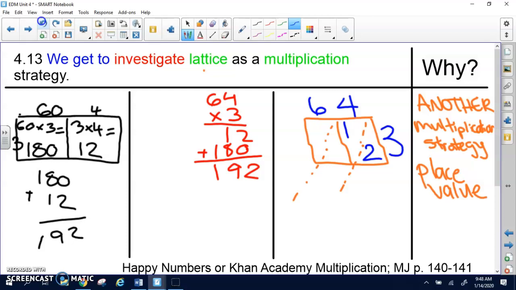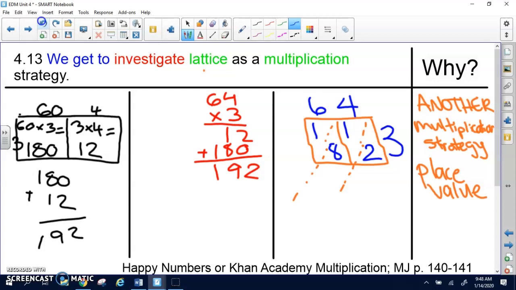We discovered that 6 times 3 is 18. When we did 18, though, it was 60 times 3. The 8 was in the tens place. Can everybody see how the 8 landed in the tens place, and the 1 ended up in the hundreds place?